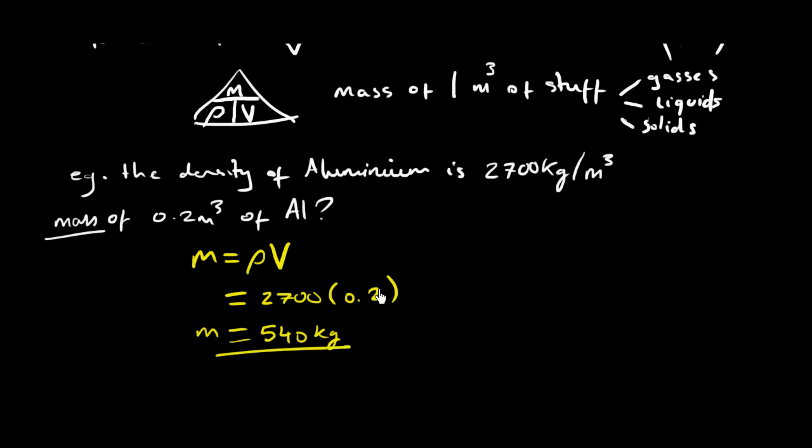We look at the number originally: that's 1 whole meter cubed for 2,700 kilos, and this is a fifth of it, and it's 540, so that makes sense, and you can check.